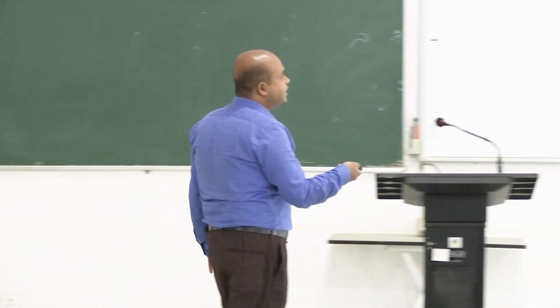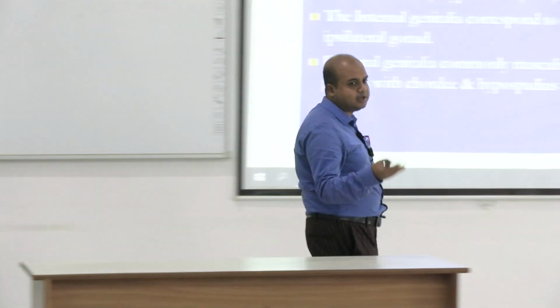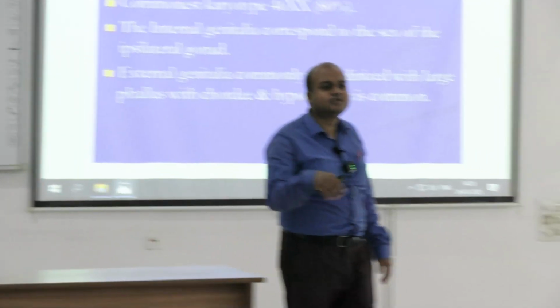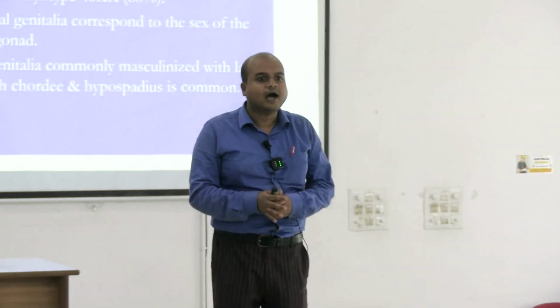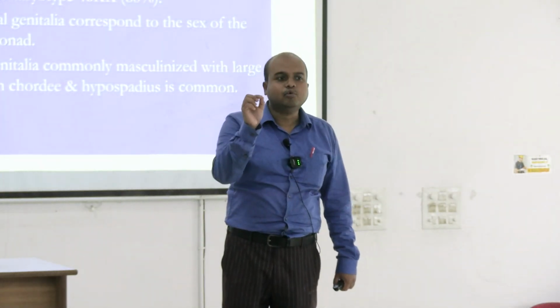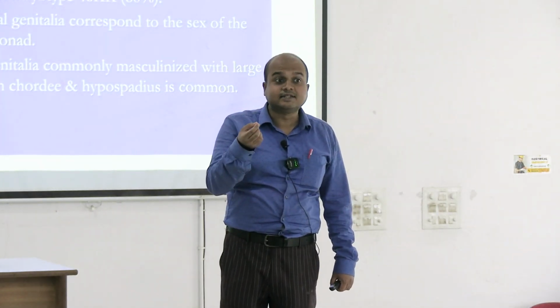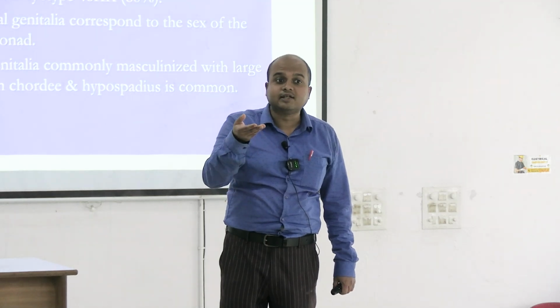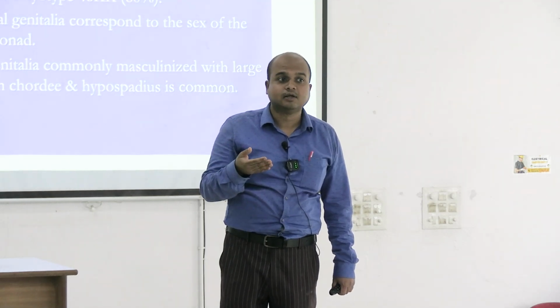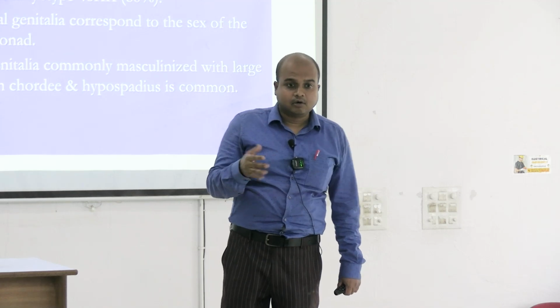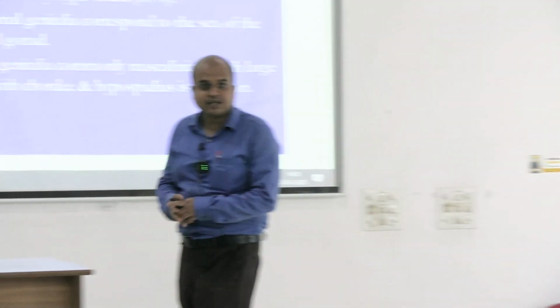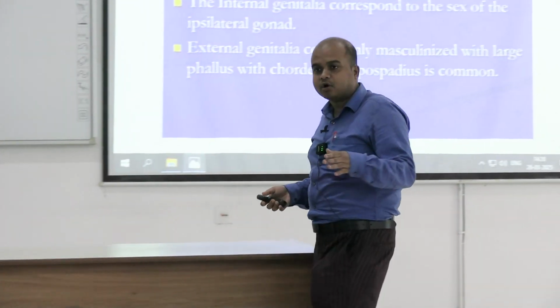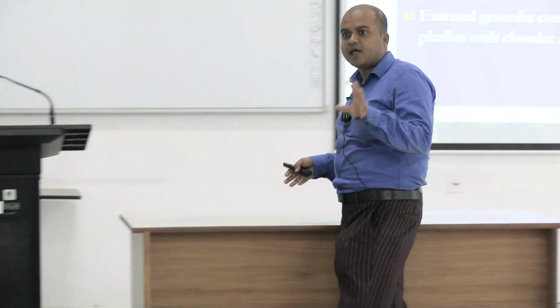External genitalia are commonly masculinized with large phallus, chordae, hypospadias. These terms will be discussed in surgery classes. Hypospadias is when the urethral orifice in males is not at its normal position, but on the lower side of the penis. Phallus is not straight, but curved.